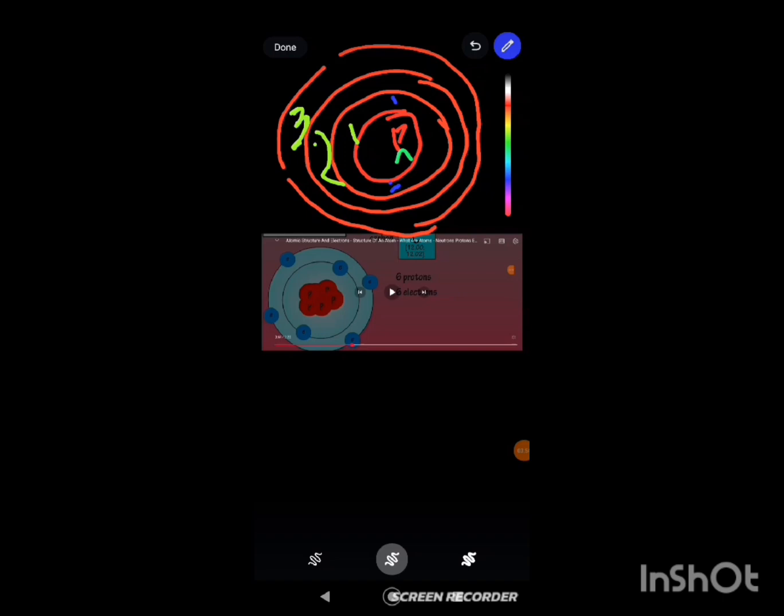In our high school setup, we are going to do up to a maximum of 20 electrons.